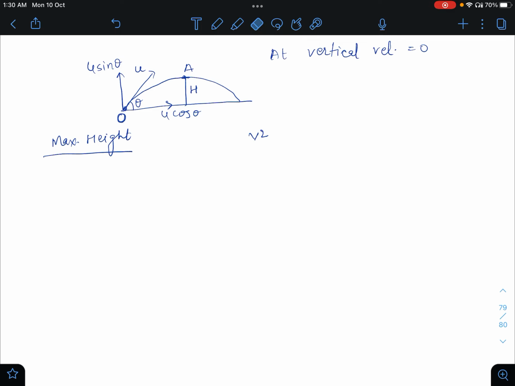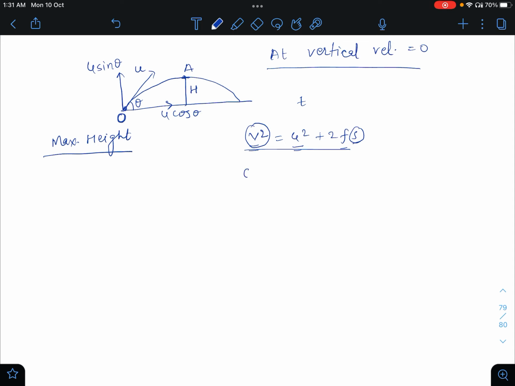So for maximum height we use an equation of motion, v squared is equal to u squared plus 2fs, where s is distance, f is acceleration, u is initial velocity, and v is the velocity at that point at time t. Here we are calculating s when the vertical velocity v is 0.